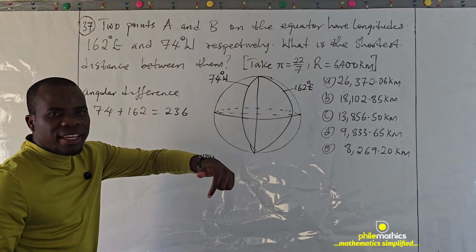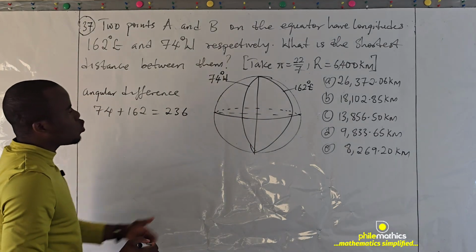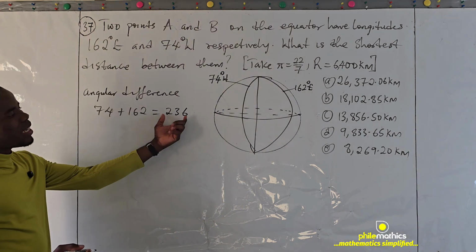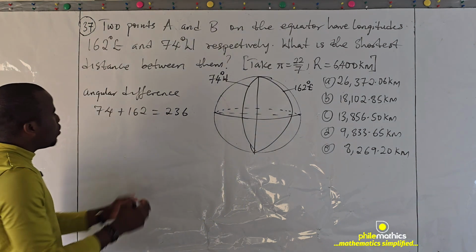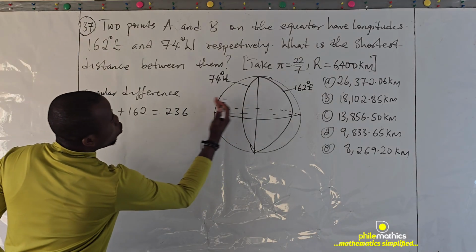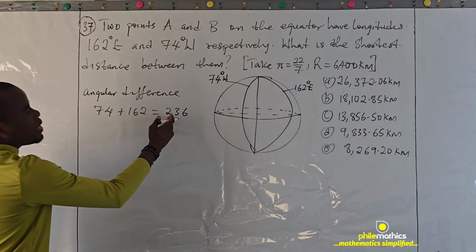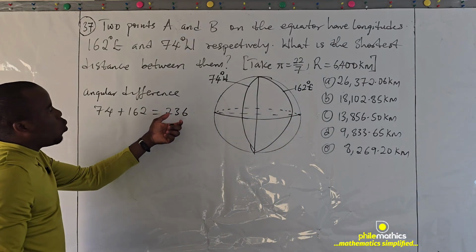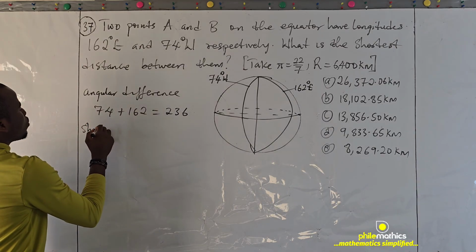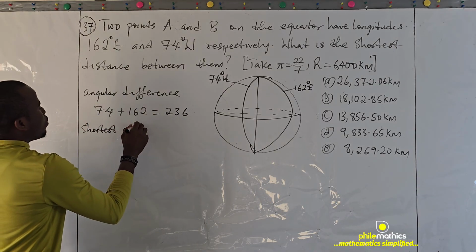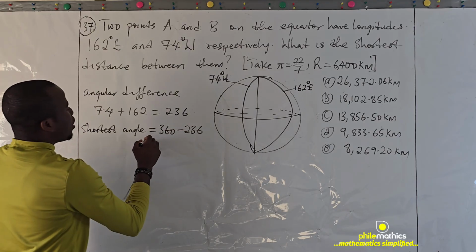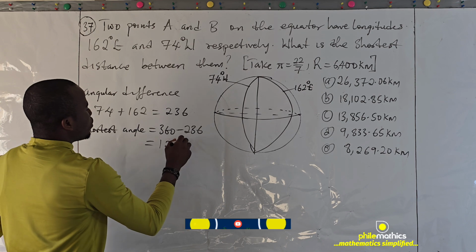Since we are interested in the shortest distance, the shortest distance is the other way around, such that we subtract this from 360 degrees, because you know this is divided from 0 to 180, from 0 to 180. Since it has exceeded 180 degrees, we need to look for the other side that makes it 360. So the shortest angle is 360 minus 236, and this is 124 degrees.